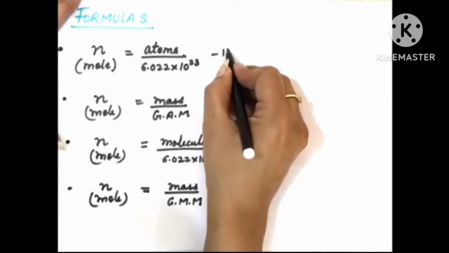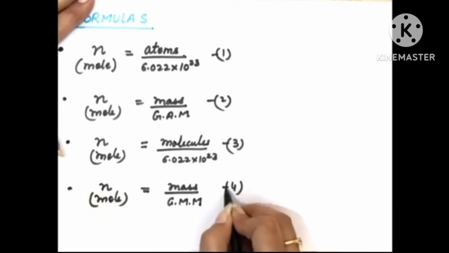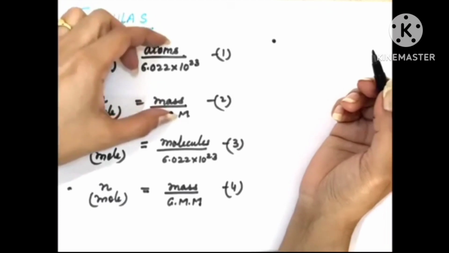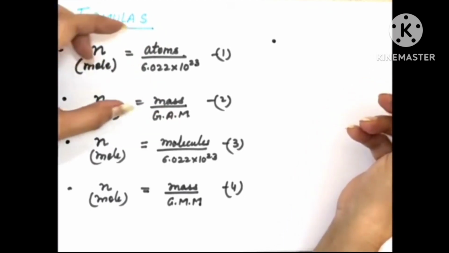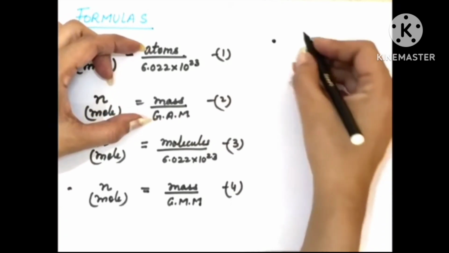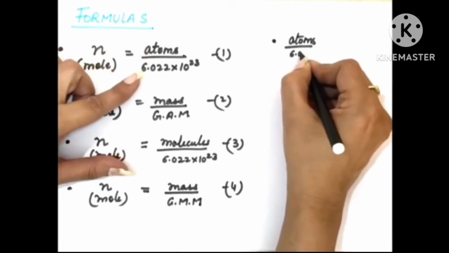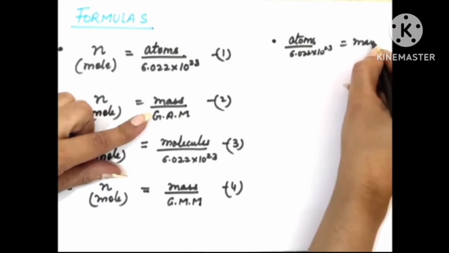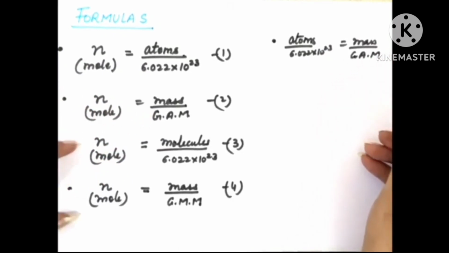Now see this first, second, third and fourth formula. Next formula: here we are taking these two formulas. This is for the mole of element. If these sides are equal, these two also will be equal to each other. So another formula we'll get by equating these two: atoms upon 6.022 into 10 raised to power 23 is equal to mass upon gram atomic mass. Similarly, these are moles of molecules.